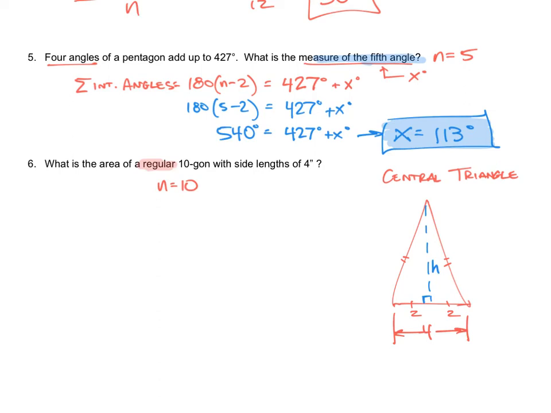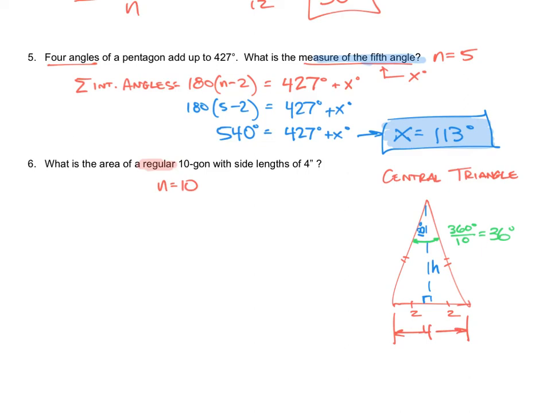But we're stuck here unless we know an angle measurement. This entire angle right here is going to be equal to 360 divided by n. So that's 36 degrees, which means that when we cut it in half, this angle right here is 18 degrees.